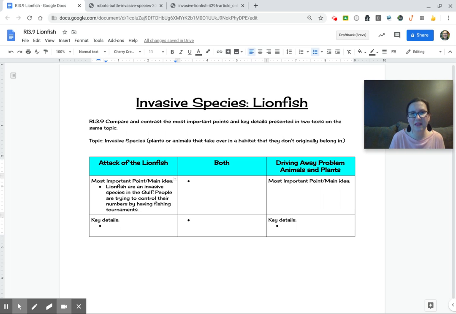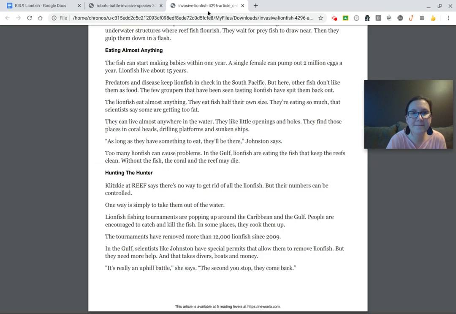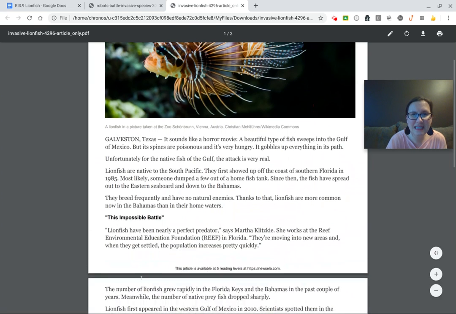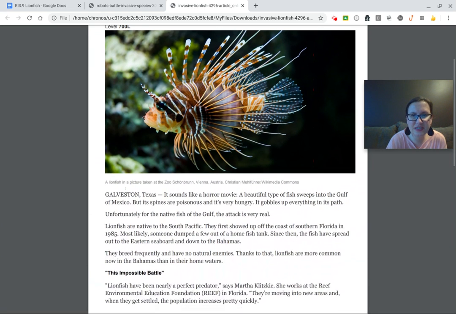Now I need to go back and think about some key details. What was important as I read? Let's go back and look together. As I look at this article, I know that this first section is my introduction, and that's where I'm going to learn some pretty important background information before the author actually starts to talk about the article.